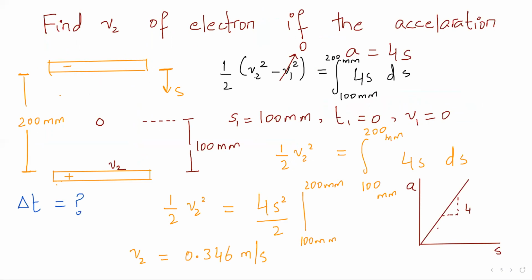If acceleration is constant, life is very easy. Then we have lots and lots of formulas from our physics 1, like 2as equal to v2 square minus v1 square. That is for constant acceleration. A is 1, A is 7, A is 7.5, A is 9.5. Similarly, I had another formula, s equal to v initial t plus half a t square, if you remember. Again, A is constant.